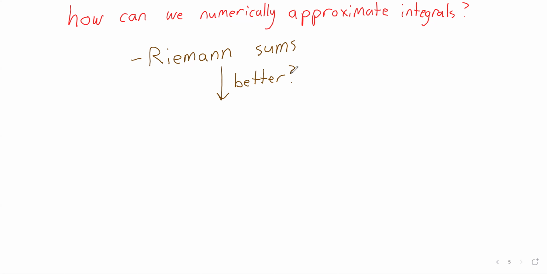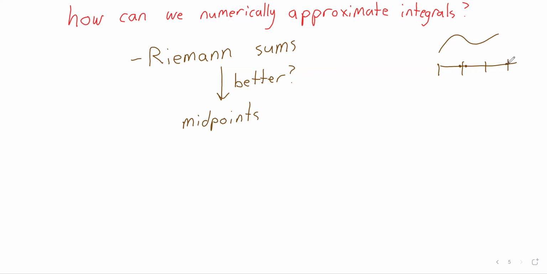And we say, well, when you have a Riemann sum, the points you use could be anywhere in the interval. We notice that the Riemann sum gets better if instead of just choosing points at random, we use the midpoints.